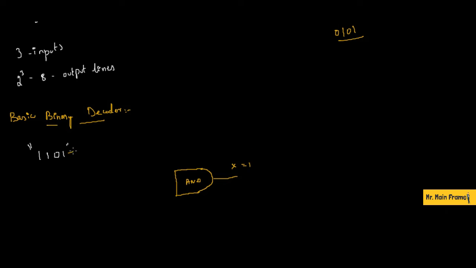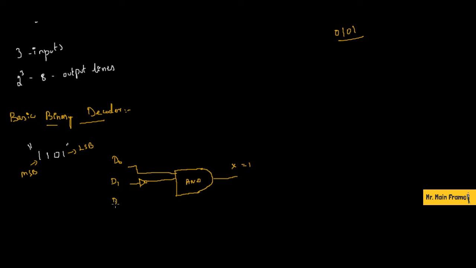In this example, this one is the least significant bit, and this one is the most significant bit. The least significant bit can be indicated as D0. D0 can be directly connected to the AND gate. The next line, D1, should have a NOT gate connected to it.